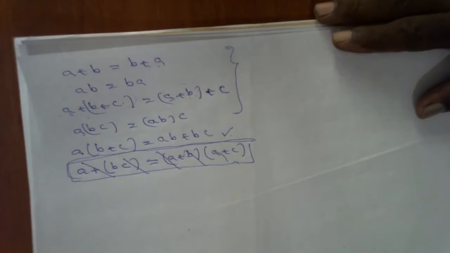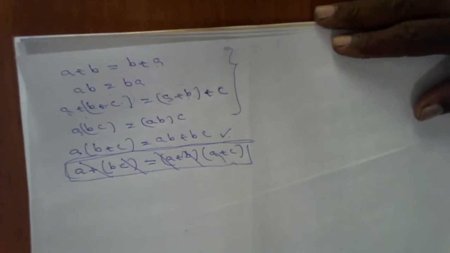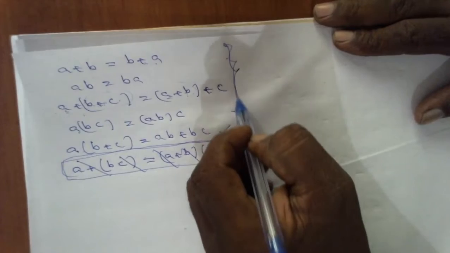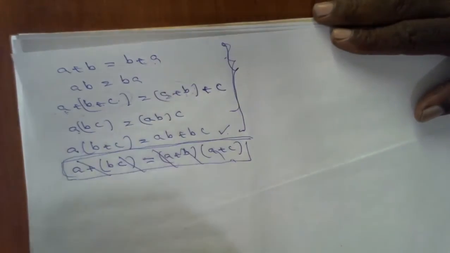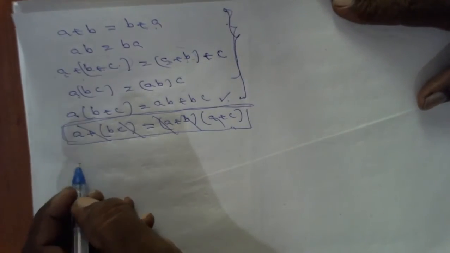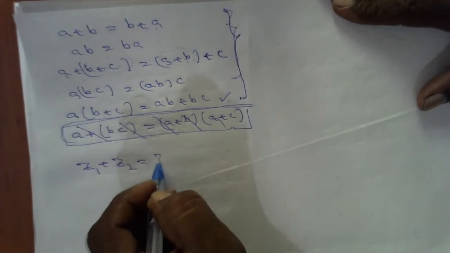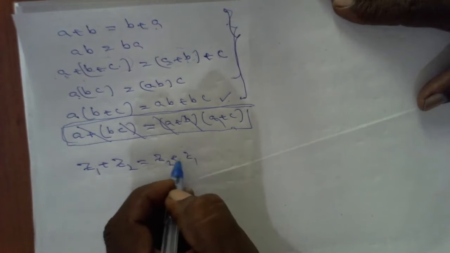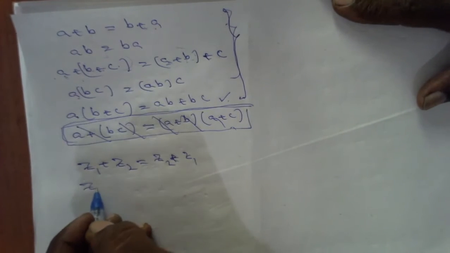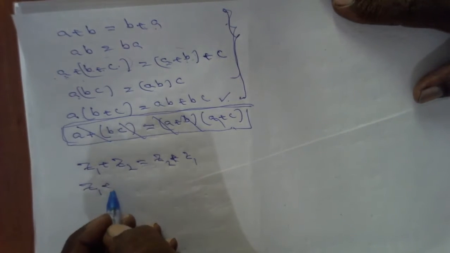So these laws are correct for complex numbers also. If you take any two complex numbers, C1 plus C2 equals C2 plus C1. Very easily you can prove. I am not going to prove these things, right?